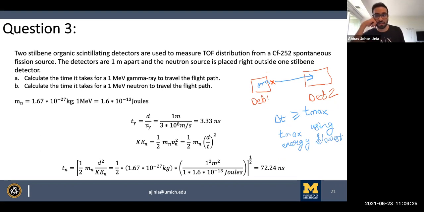Fast neutrons are going to be very instantaneous, but your slow neutrons will take much longer to travel the flight path. So this T max we can calculate using the energy of the slowest neutron. And if the time difference exceeds that T max, then we know that this is not a correlated event, or it's coming from other interaction within the source, or a background gamma just happened to interact.